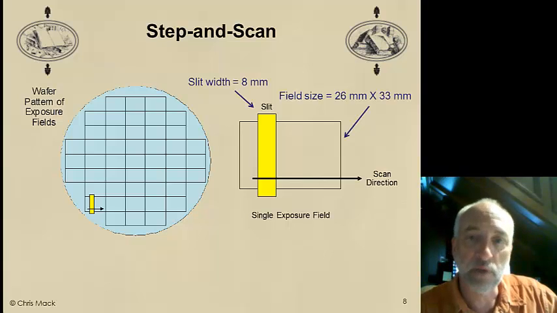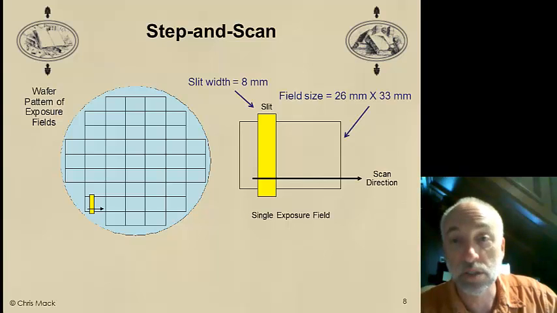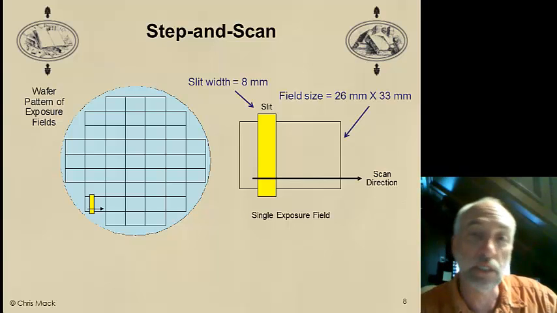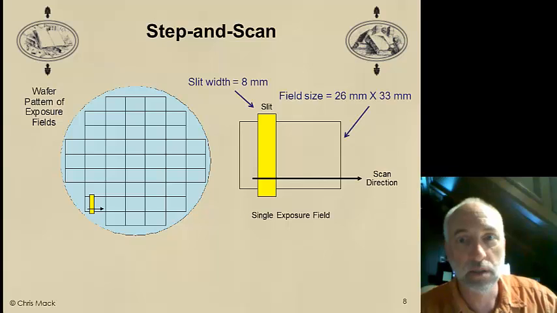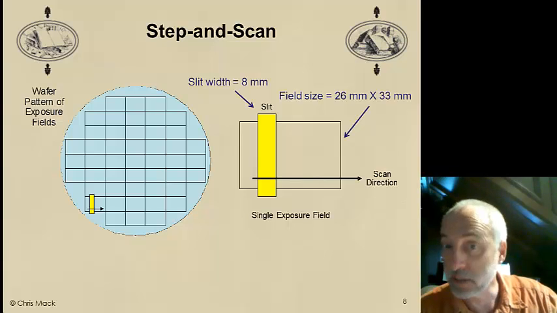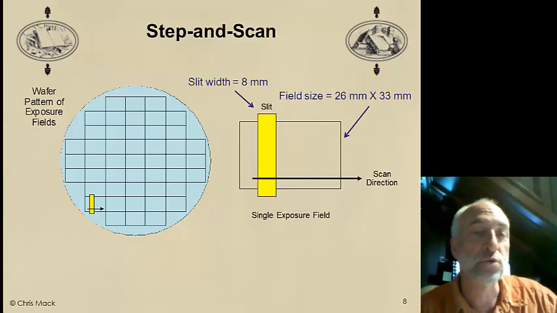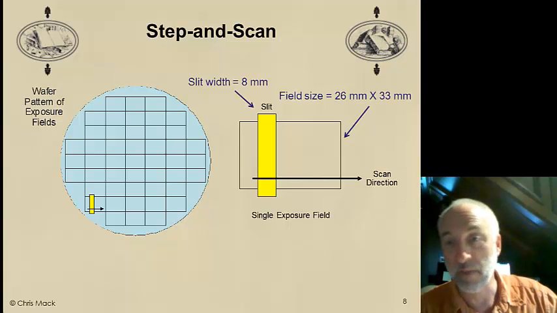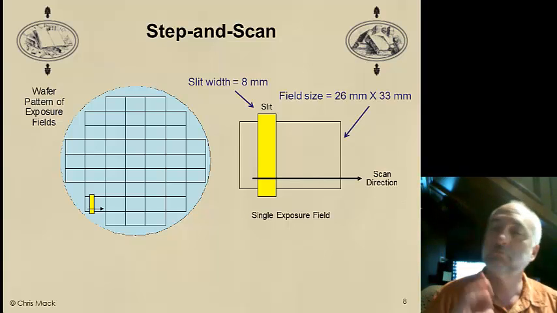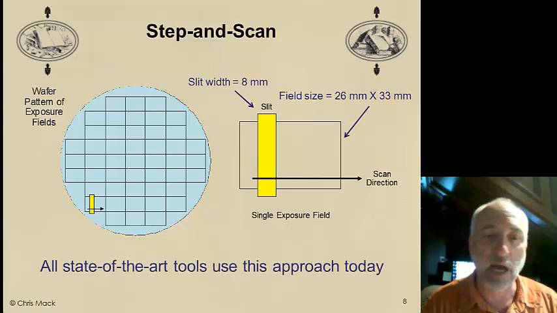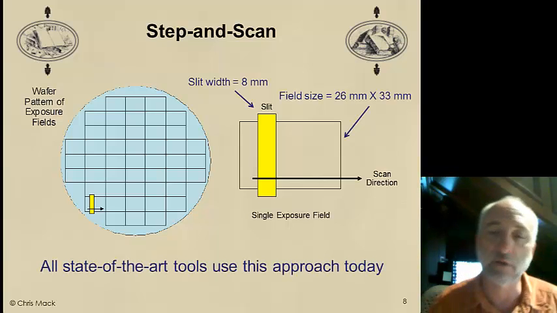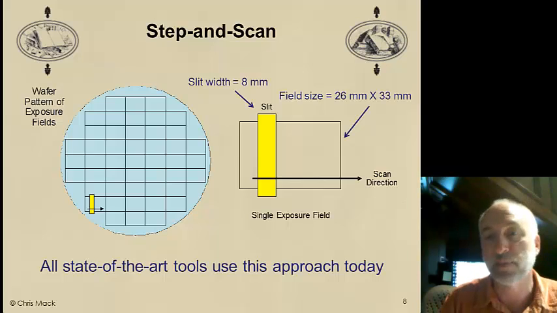Because I've made the slit width smaller, my optical system becomes a little bit easier to fabricate, a little bit smaller itself. I'm basically trading off the optical complexity of the lens that projects the image of the mask in this slit onto the wafer to the mechanical complexity of stepping and scanning the wafer and the mask. And this trade-off turns out to be about optimum, and as a result, all state-of-the-art tools use this step and scan approach today.